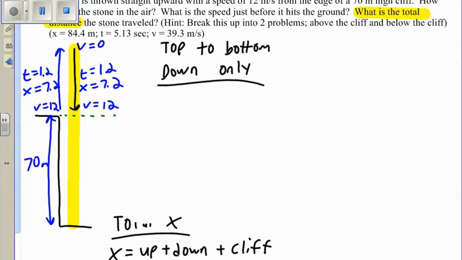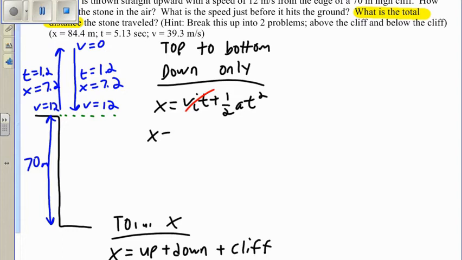So because I'm looking at this, I'm going to look at this total distance from the very top to the very bottom. So the total distance, x equals VI t plus 1/2 a t squared. Because we're starting at the very top, that goes away. So I get x, oops, I actually know what x is. What is my x? My x from the very top to the very bottom, I have this, which is 7.2, plus this, which is 70.